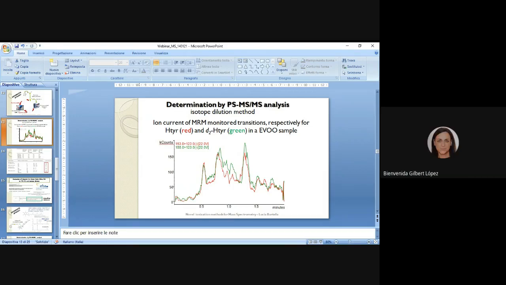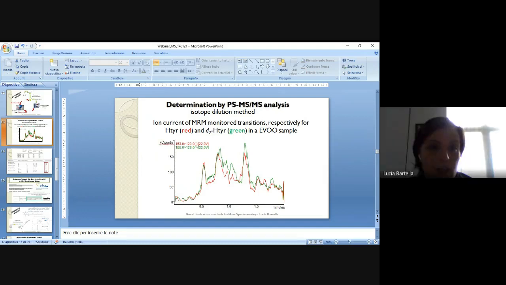Okay, because I've seen that you have a very nice reproducibility, and the cut of the paper always influences the spray. So maybe this also influences your signal. Yes, also the position of the triangle paper influences the ionization efficiency, for example, and the reproducibility of the experiments.